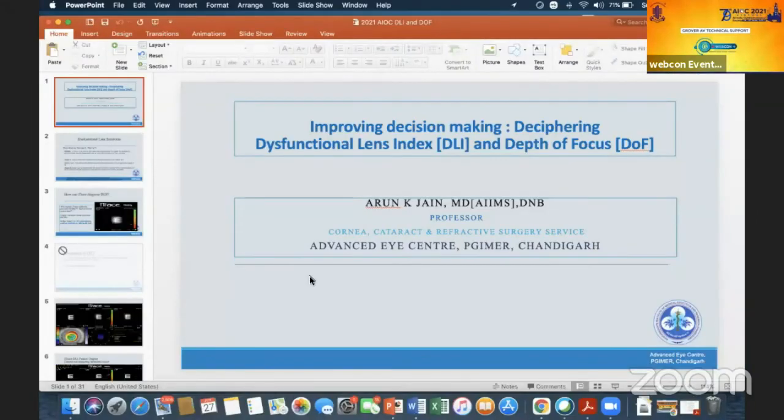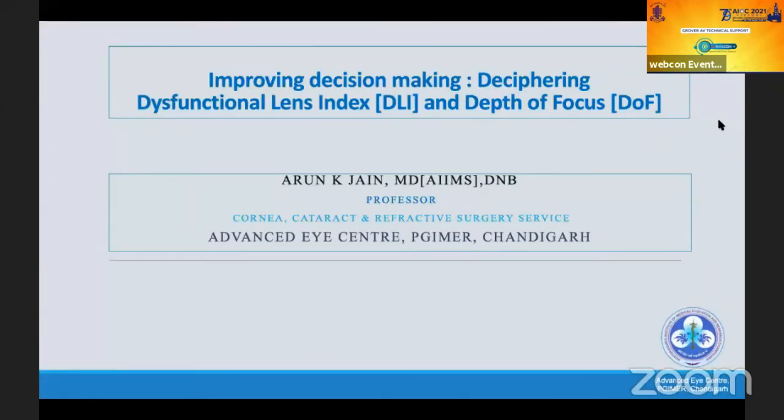So the last talk is on how to improve our decision making and how we decipher dysfunctional lens index and depth of focus in various cases based on iTrace. So just go on to slideshow, sir. I've done it. Okay, now? Yeah. All right.